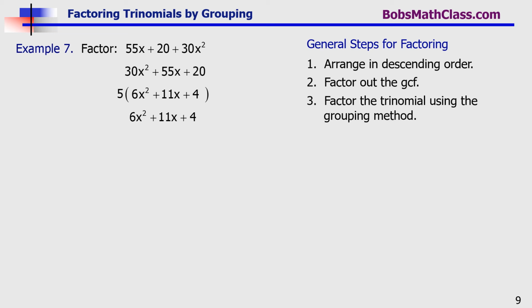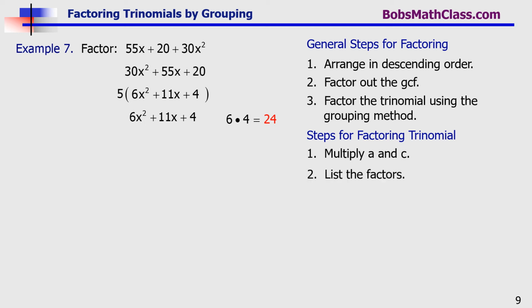We're going to bring that down in our final answer, but now we just do what we were doing in the last examples. Multiply the first number and the last number, which is 24. List the factors. 1 times 24, 2 times 12, 3 times 8, 4 times 6.